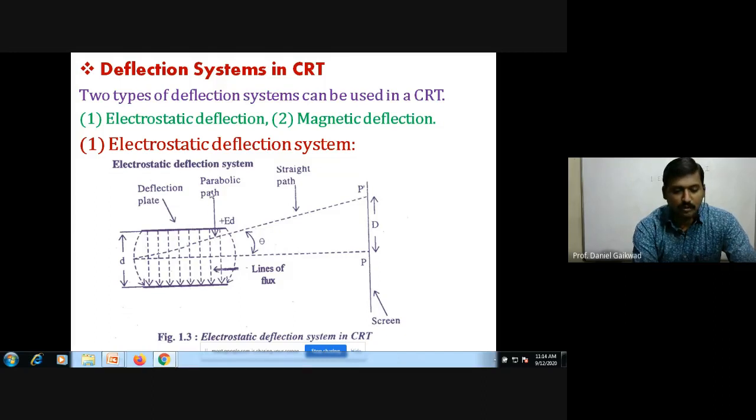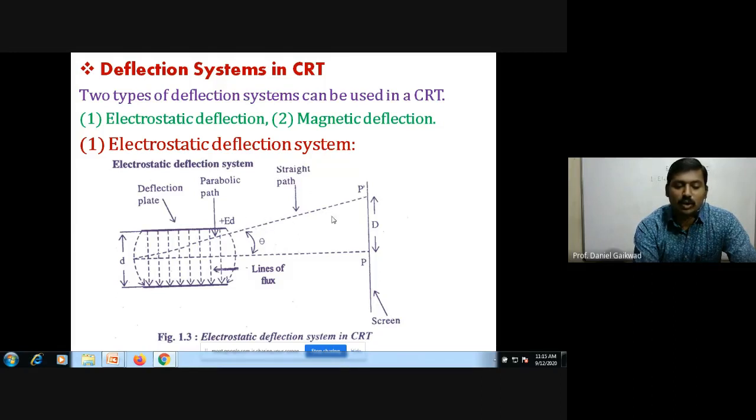Check carefully the diagram: deflection plates 1 and 2, positive and negative. When we switch on the electric field by giving potential, electrons are attracted towards the positive plate, and inside the plates the path is parabolic. After following the parabolic path up to the end of the plates, they again move in a straight line without electric field.